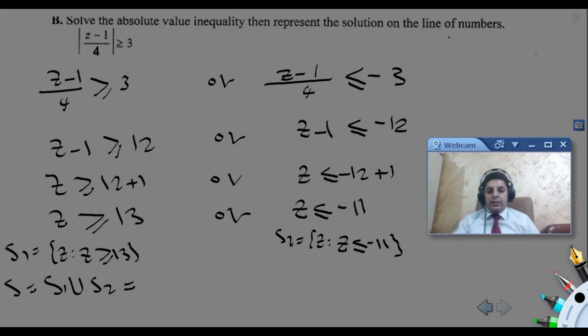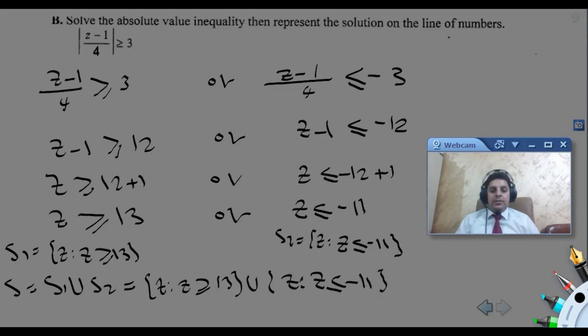If it were AND we would use intersection, but because that is OR, we use union. S1 is z such that z is greater than or equal to 13, union solution 2, z such that z is less than or equal to negative 11.